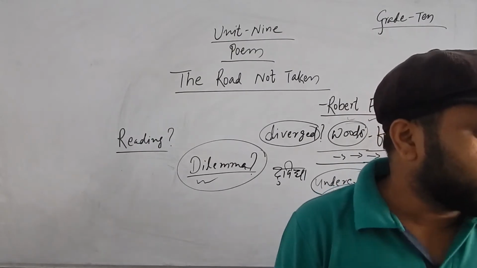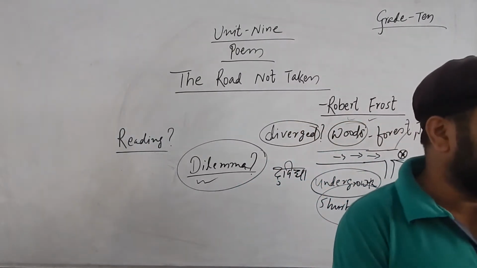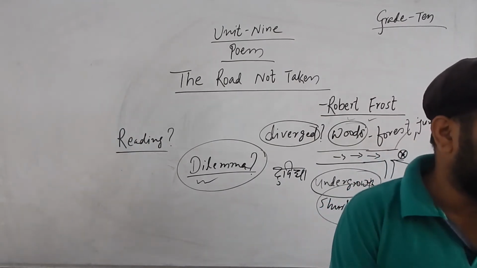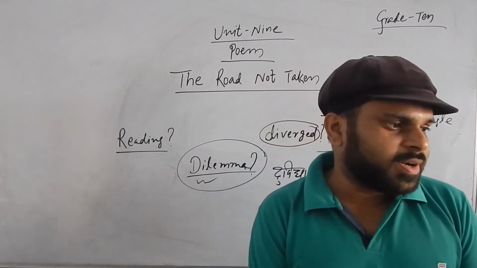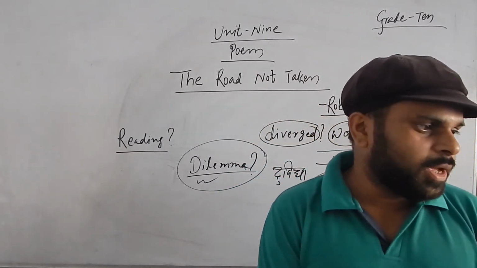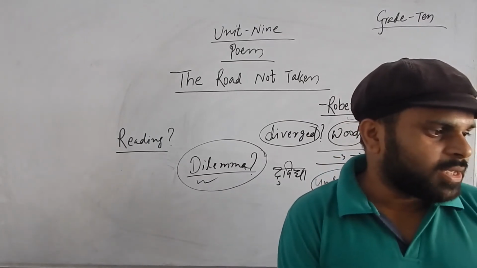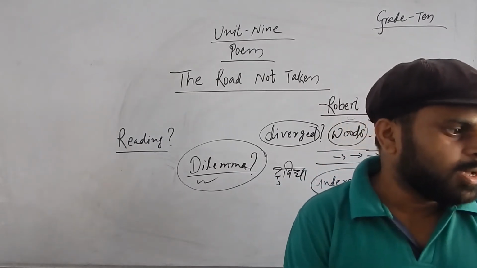Then next stanza says, then took the other as just as fair, and having perhaps the better claim, because it was grassy and wanted wear, though as for the passing there had worn them really about the same.